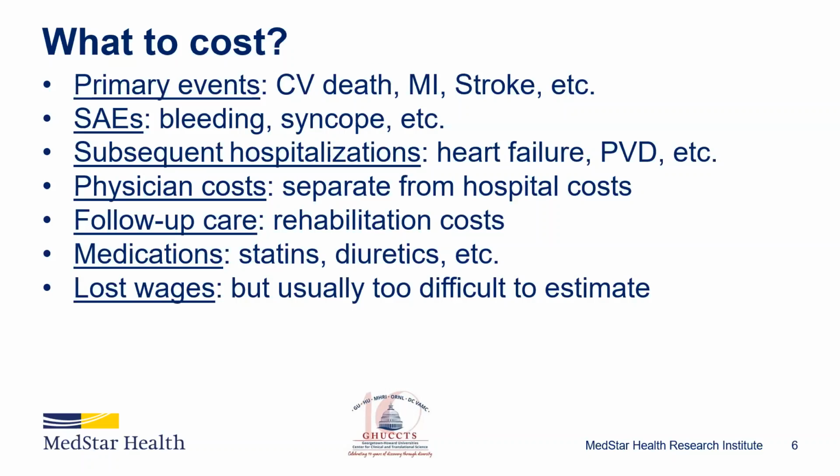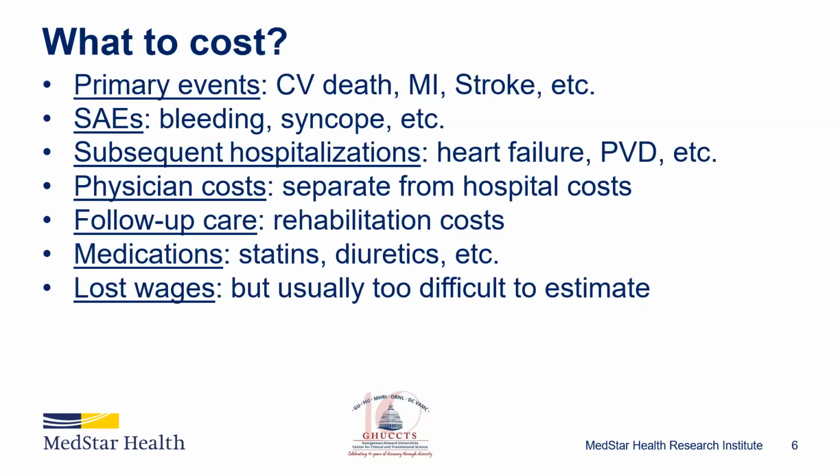There might be others that we would want to find the cost for. Then there would also be potential subsequent hospitalization. So maybe a patient after the procedure or the trial ended had heart failure, or during the trial, for example, was hospitalized for heart failure.